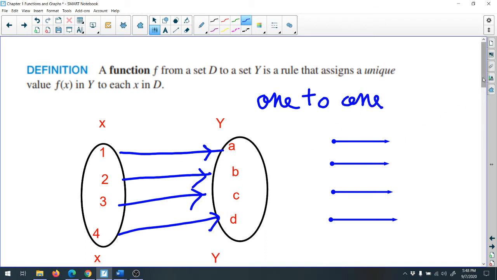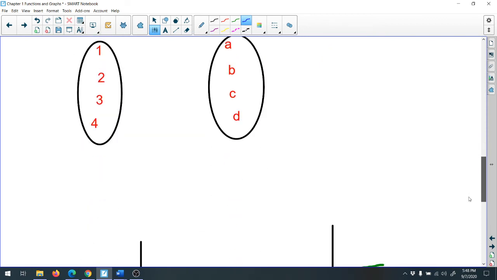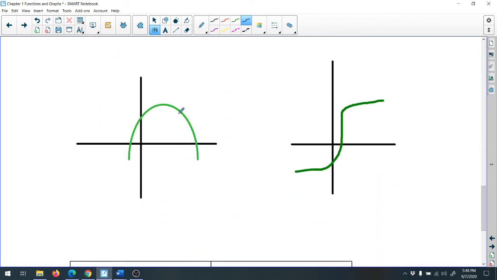Okay. Not just these figures, but also if we have a graph, how do we judge whether a relationship graph is a function or not?